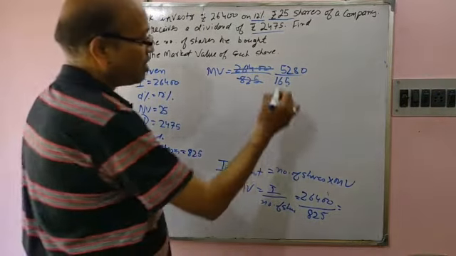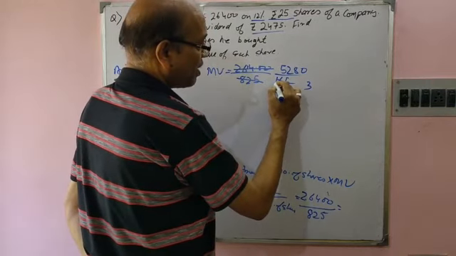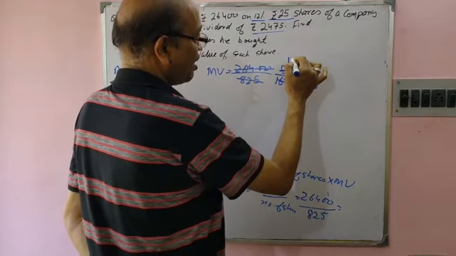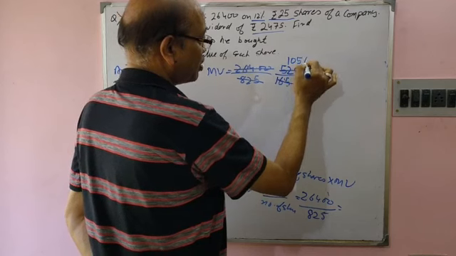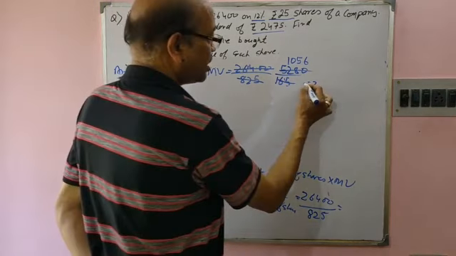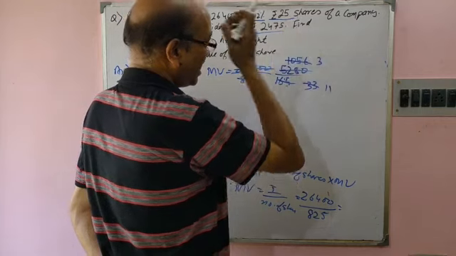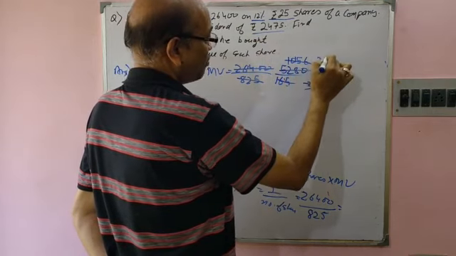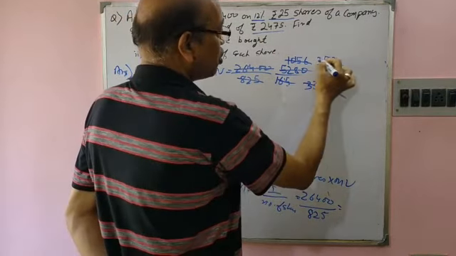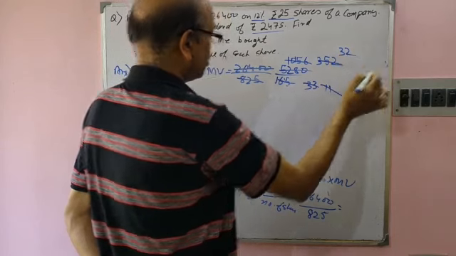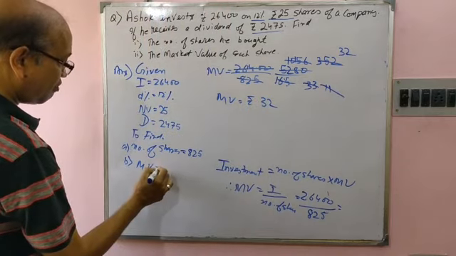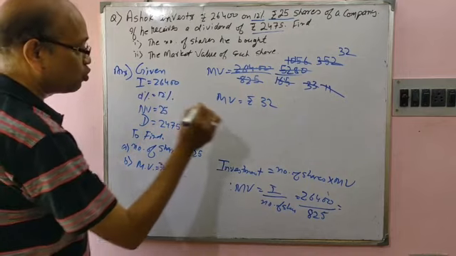Then again by 5, 5280 by 5 is 1056, 165 by 5 is 33. Then by 3, 1056 by 3 is 352, and 33 by 3 is 11. 11 will go into 352 thirty-two times. Therefore, the market value is rupees 32.